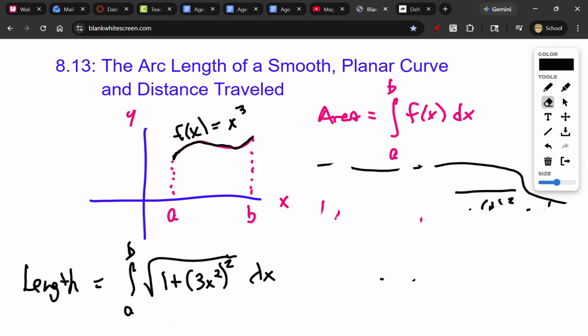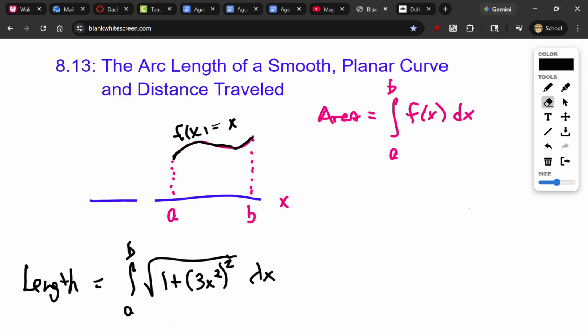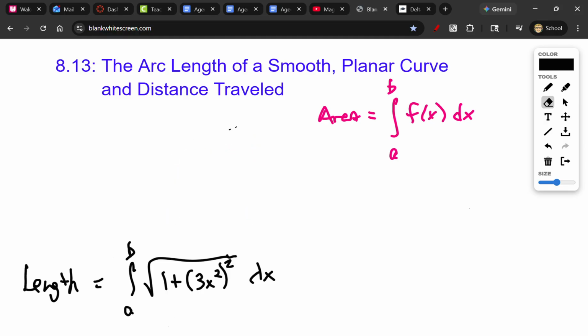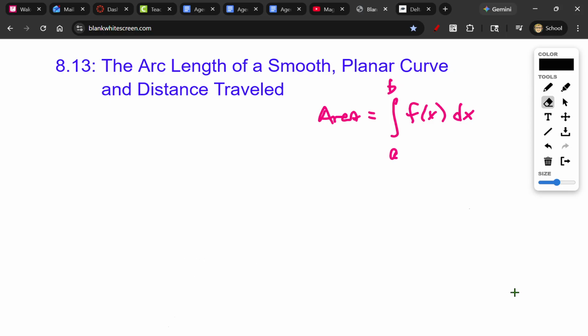Now, what do we mean by distance traveled? Well, back in AB calculus, you may have learned about rectilinear motion. What that means is motion occurring along the x-axis. So what we're going to do now is look at a particle that's moving along the x-axis over time.